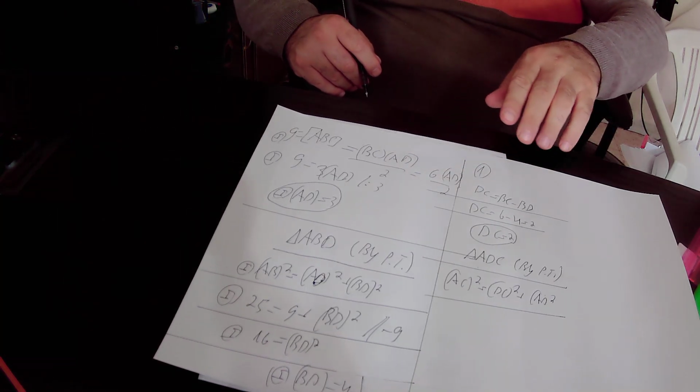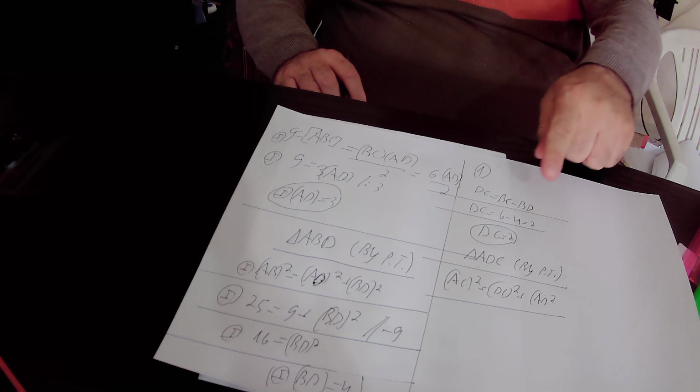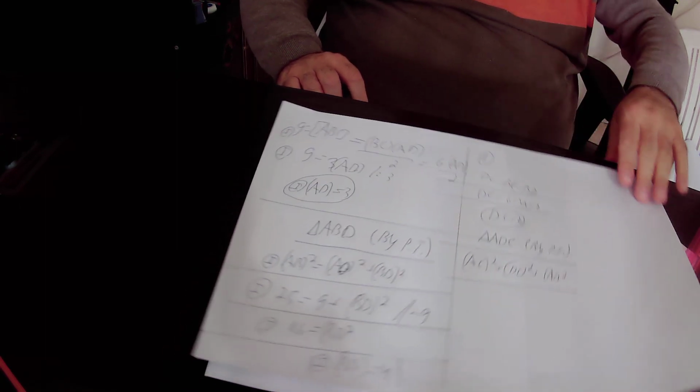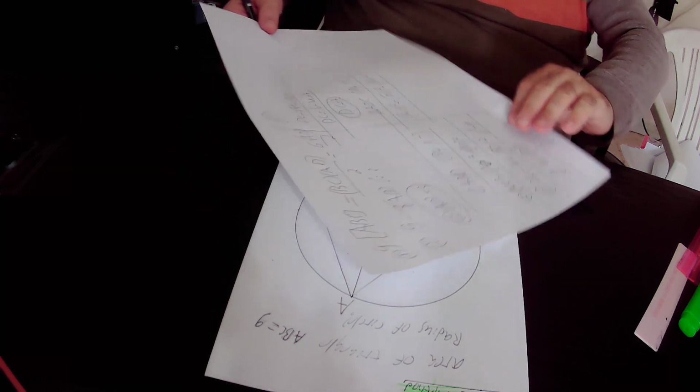So we found out that AC squared equals DC squared plus AD squared.